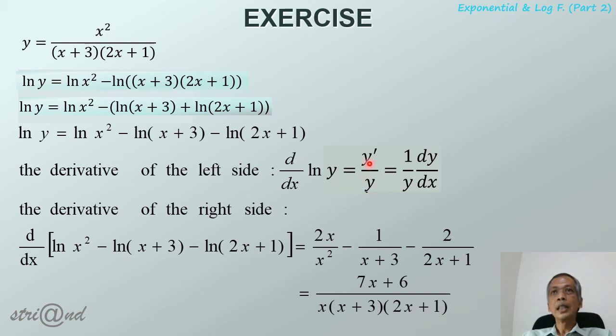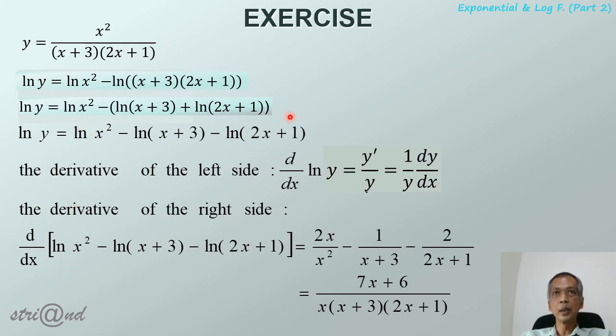And then the derivative of y here can also be expressed as the derivative of y with respect to x. So the derivative of the left side is 1 over y times the derivative of y with respect to x.